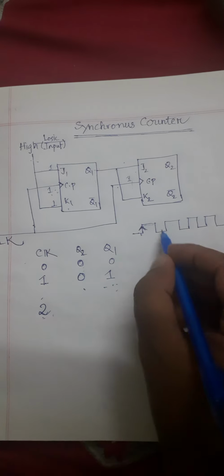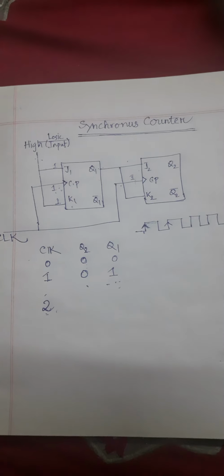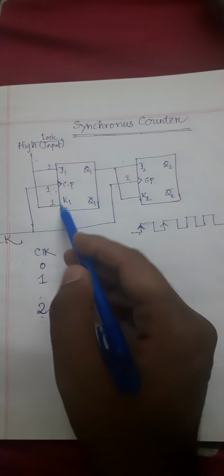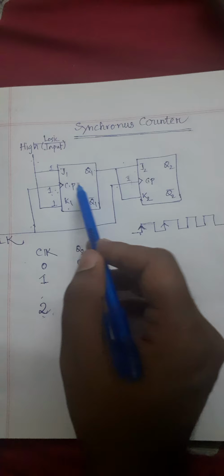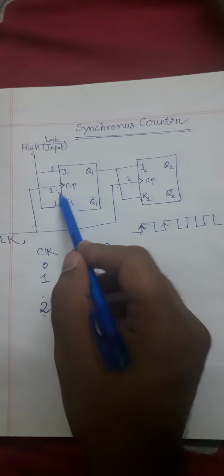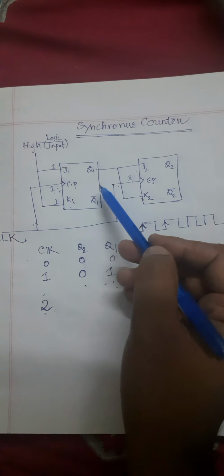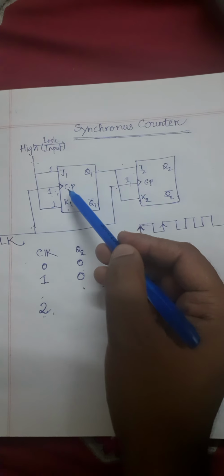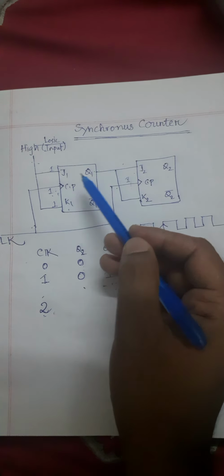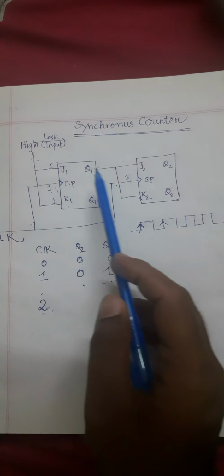What about the second clock cycle now? At this point, we are again providing a clock pulse. Due to this triggering, there will be a toggled output at Q1.